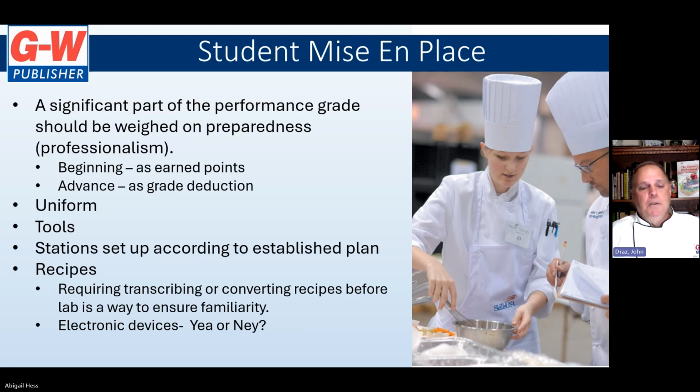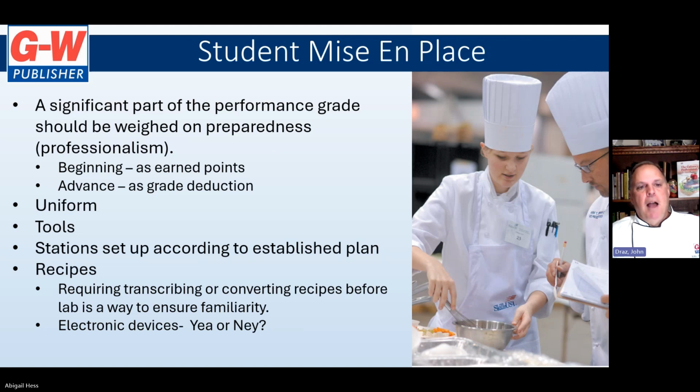Tools. If your students have their own knife kits, do they have all the parts to it? Are the knives sharp? Are they in good repair, etc.? We just talked about creating a diagram or a plan for setting up workstations. Without having to be prompted, do the students come in and set up their station properly, with all the proper elements there?